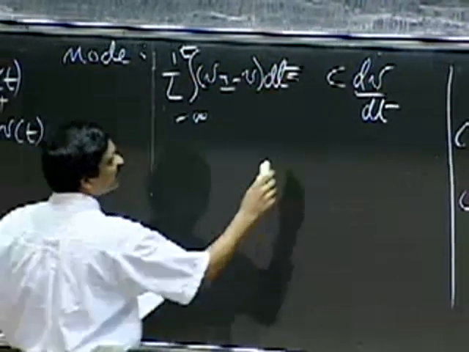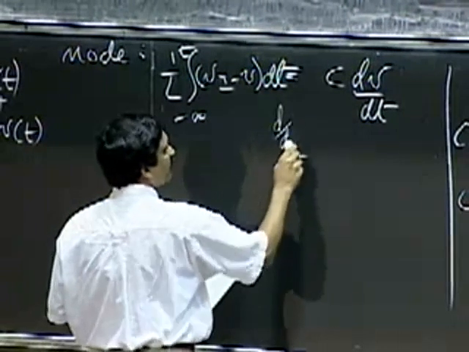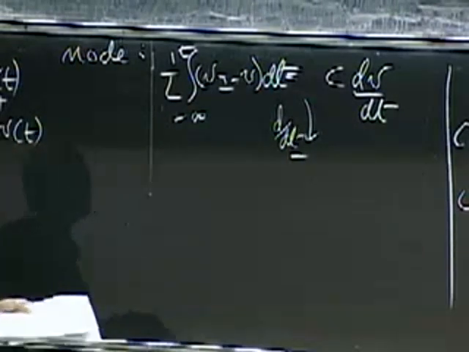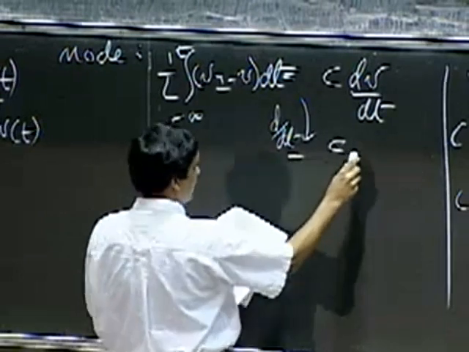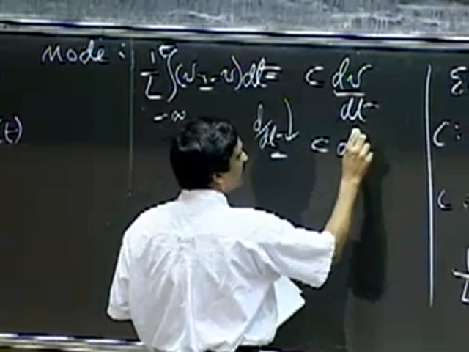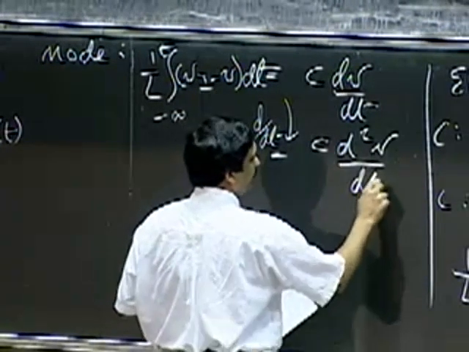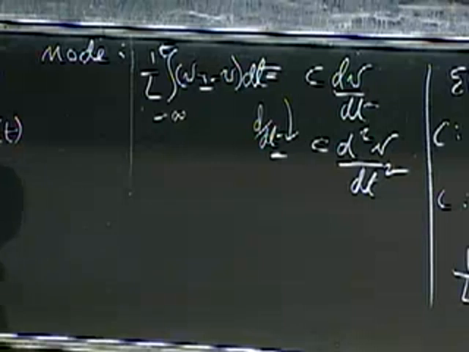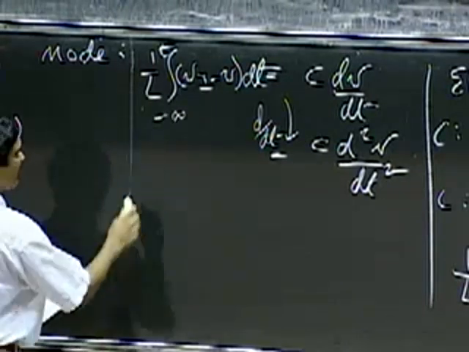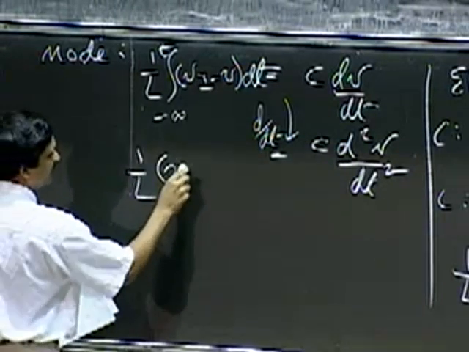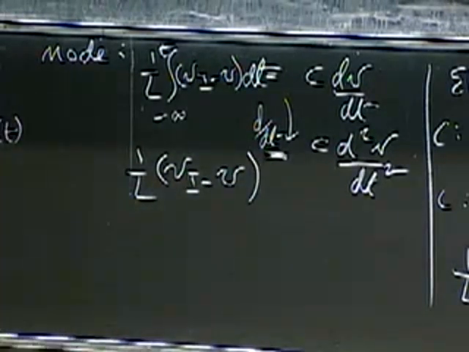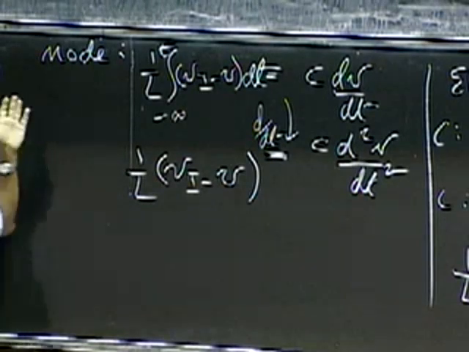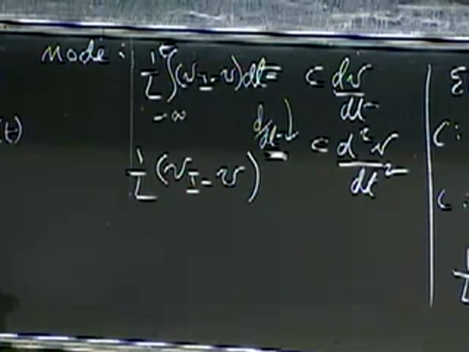So what I can do is simply differentiate with respect to t here and get C times the second derivative of V. And here, what I end up getting is 1/L (Vi minus V). I just differentiated the whole thing by d/dt.